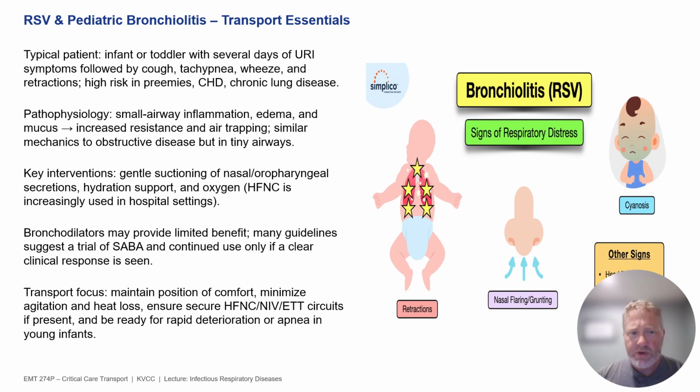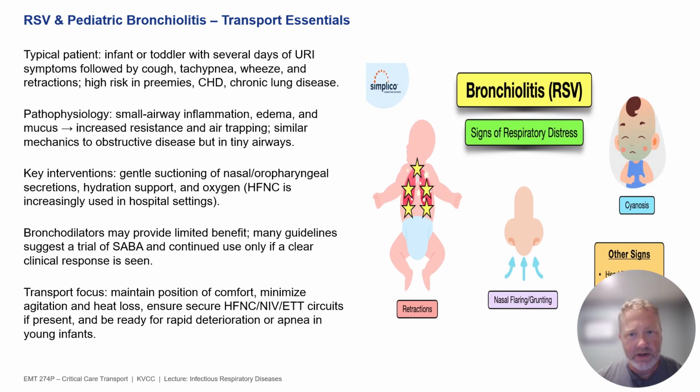Oxygen delivery is titrated to keep SpO2 at or above 90 to 92%, or whatever your facility recommends or requires. In terms of escalation therapy, high flow nasal cannula is almost always preferred.